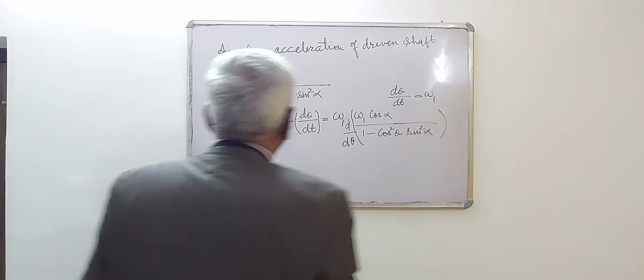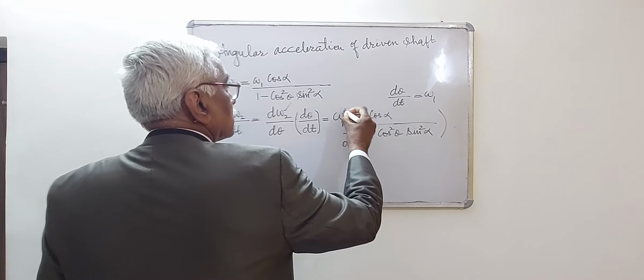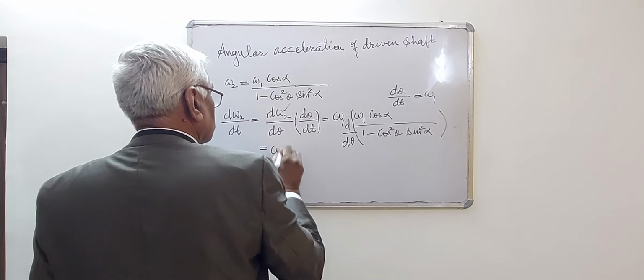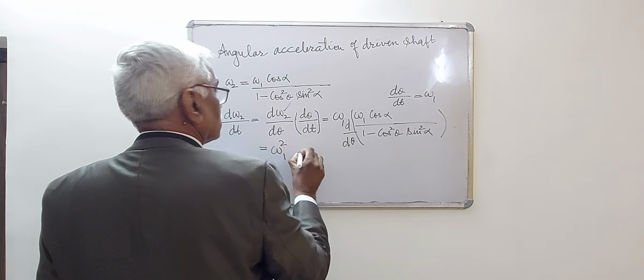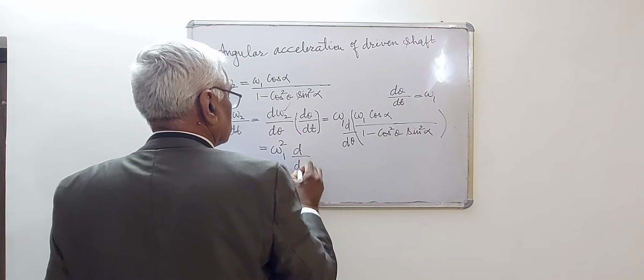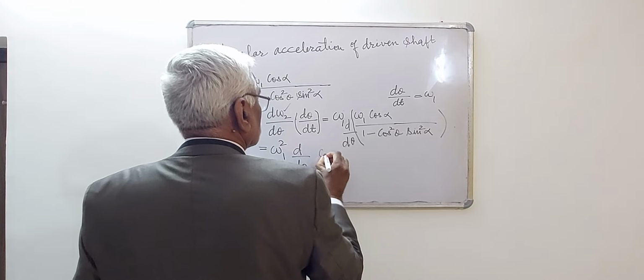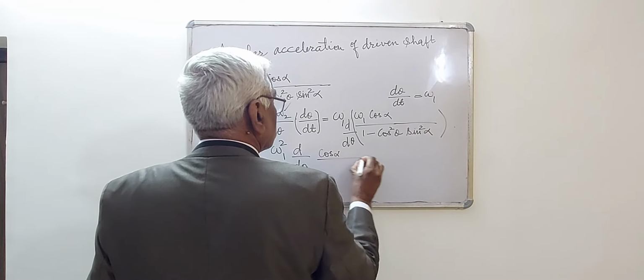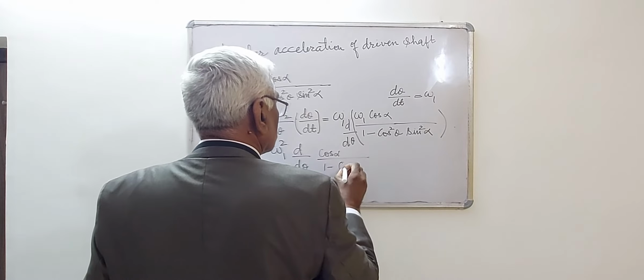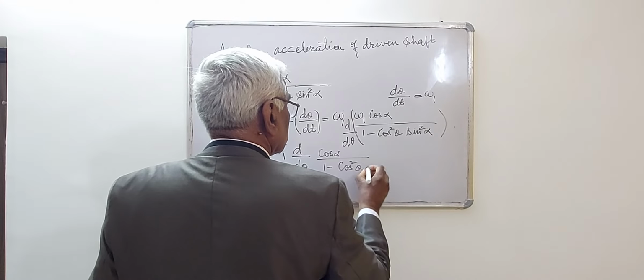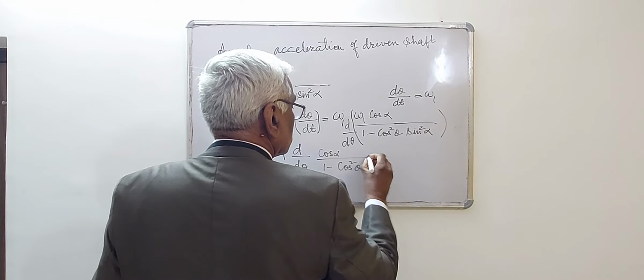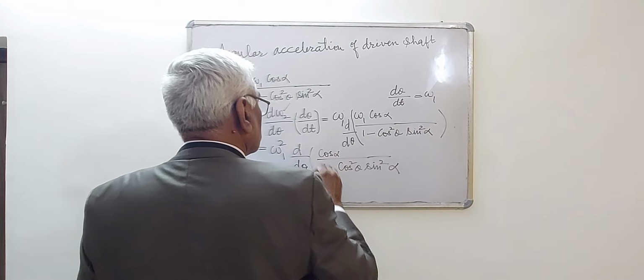It will be written like this: omega 1 square d by d theta of cos alpha divided by 1 minus cos square theta into sin square alpha.